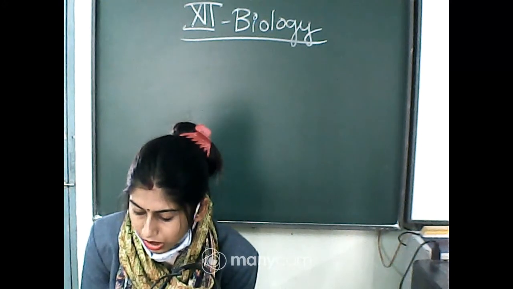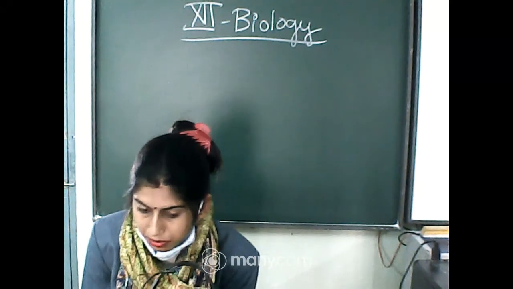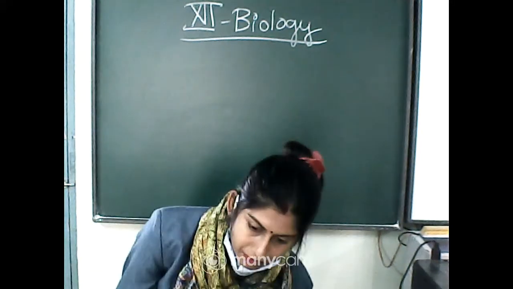What is the next question? How do ecologists estimate the total number of species present in the world?